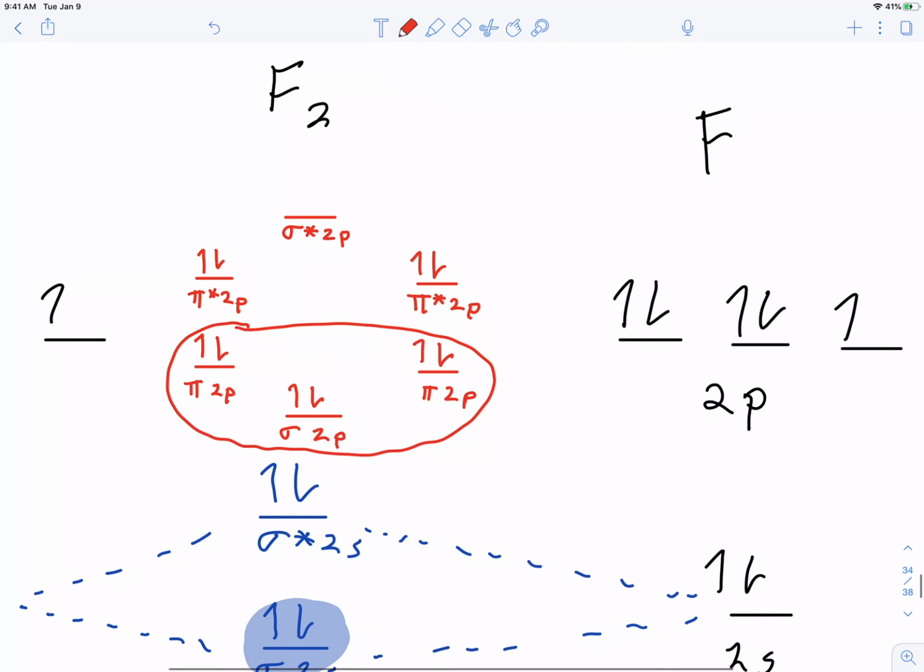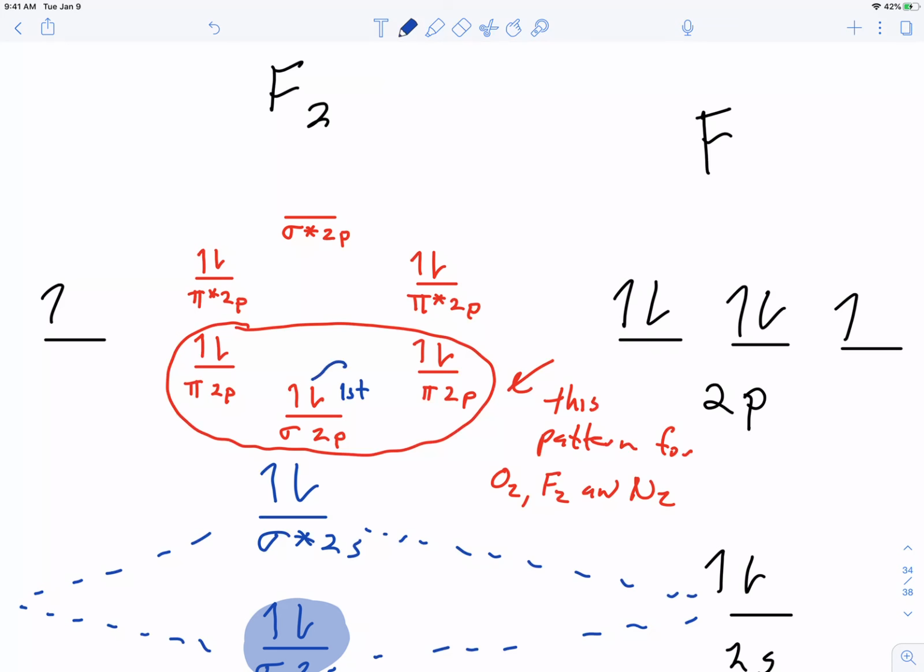So it is this pattern, for O2, F2, and N2. That's the pattern. So this is first. That sigma 2p is first.